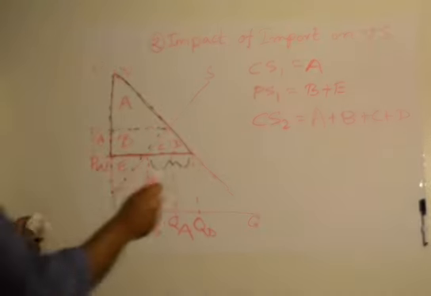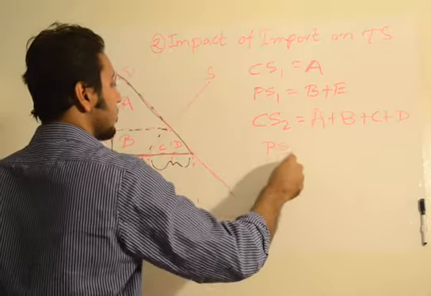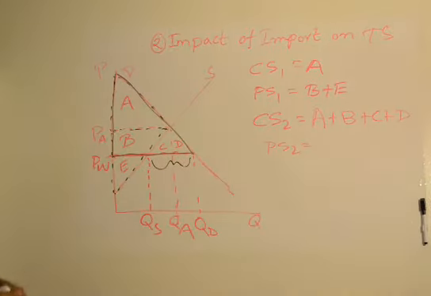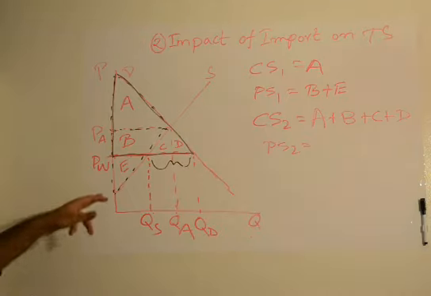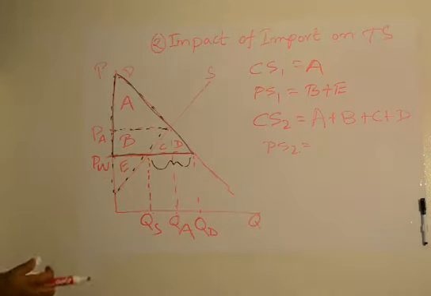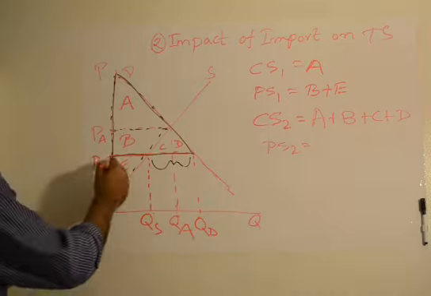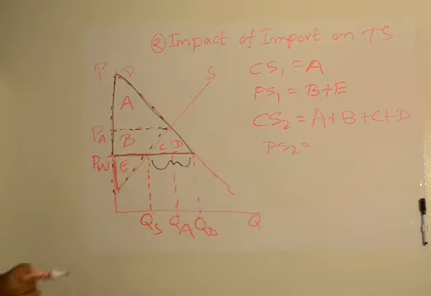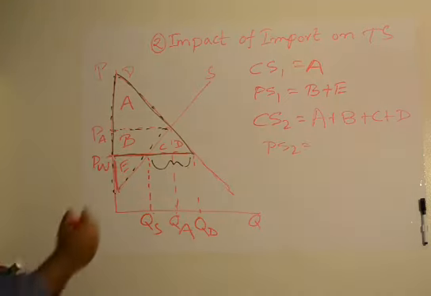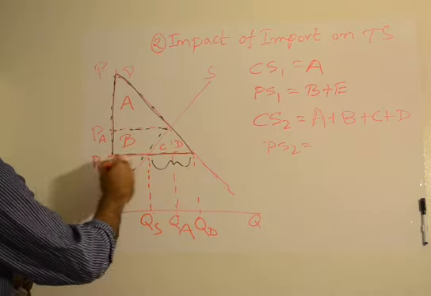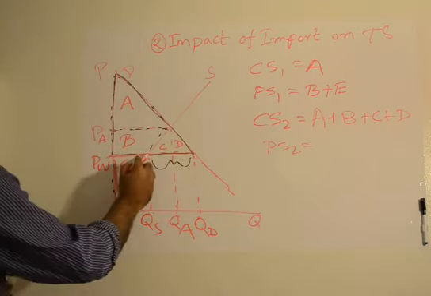What about the new producer surplus, PS2? It's given by the area between the vertical axis, the new price line, and the portion of the supply curve here.